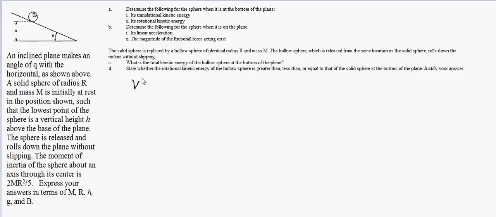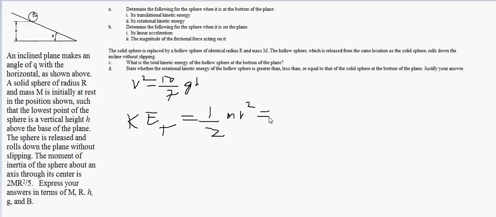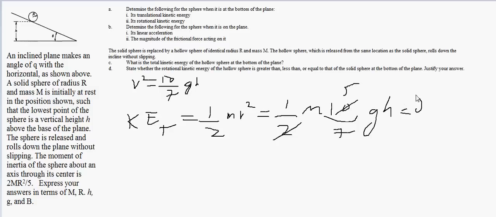We said that v squared is 10 over 7 gh. We know that the translational kinetic energy is equal to 1/2 mv squared. You just plug in the v squared and you get 1/2 m times 10 over 7 gh, which we can write as 5 over 7 mgh.